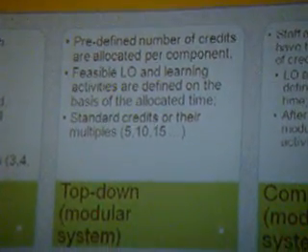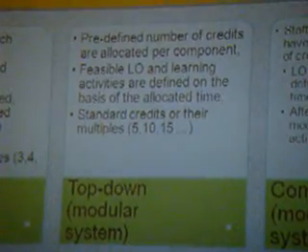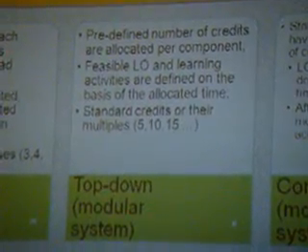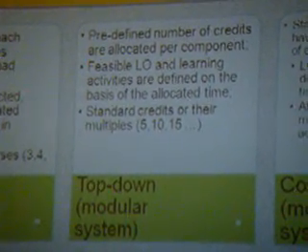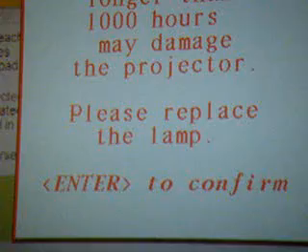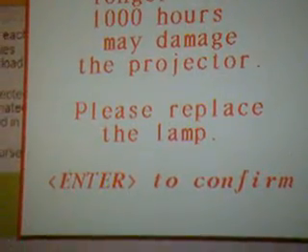The top-down approach is when we have a predefined number of credits for the course unit, and credits are allocated to components, and then we see what learning outcomes and what activities we can do in the allocated time, how we have to rationalize the whole course unit and fit everything together. And usually it's a standard credit, either 5, 10, 50, or multiples.